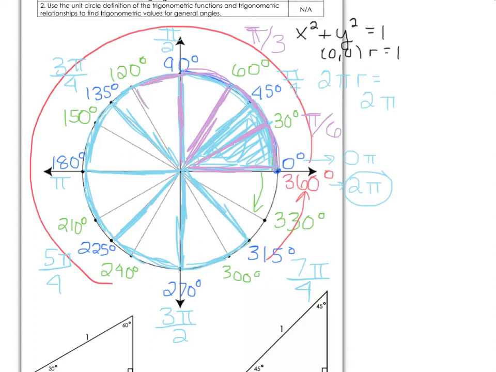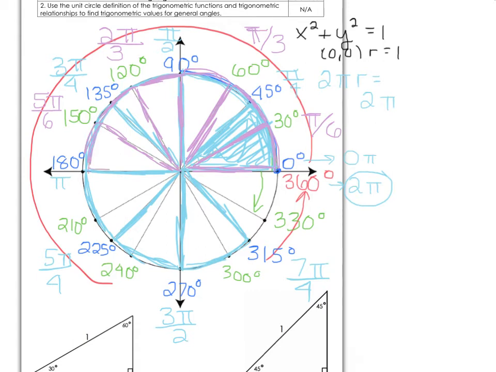We continue rotating. Now we have 4 pi over 6, which is going to simplify to 2 pi over 3. So 4 pi over 6 plus another pi over 6 gets me 5 pi over 6.